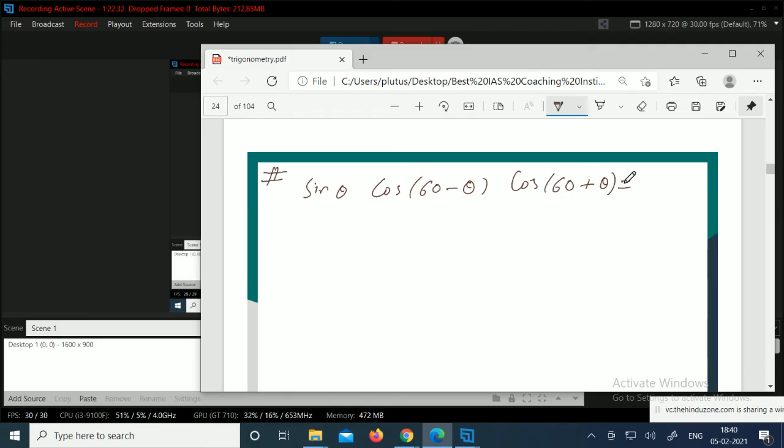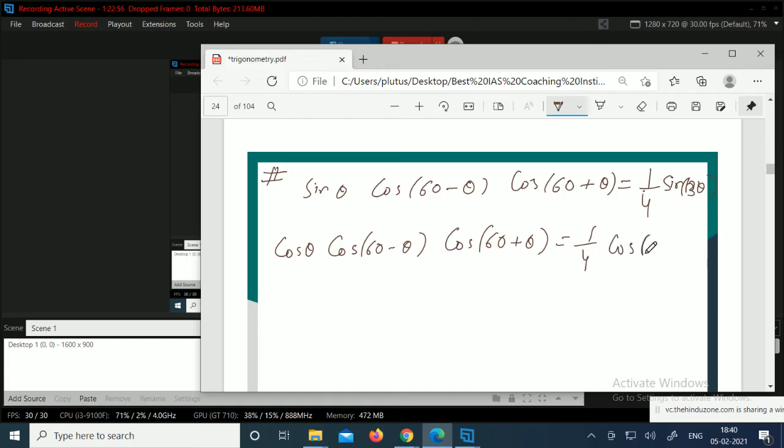This value is 1 by 4 sine 3 theta. Okay, this formula is quite important. Questions are asked on these formulas. If I write cos theta cos 60 minus theta cos 60 plus theta, this is equal to 1 by 4 cos 3 theta.